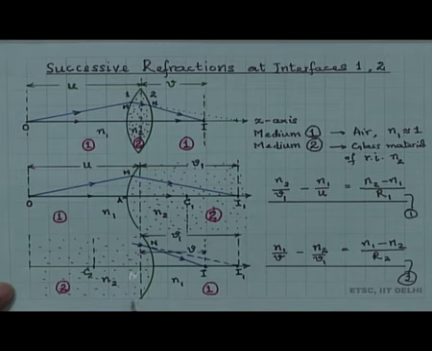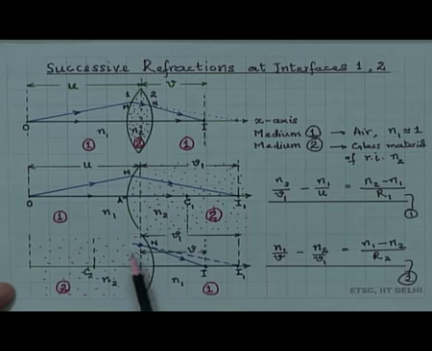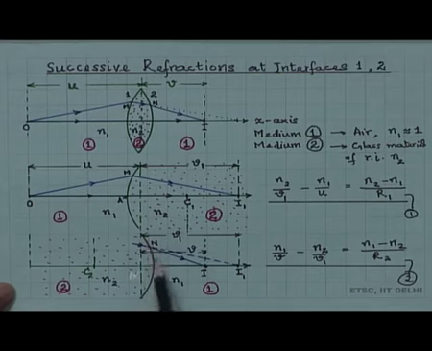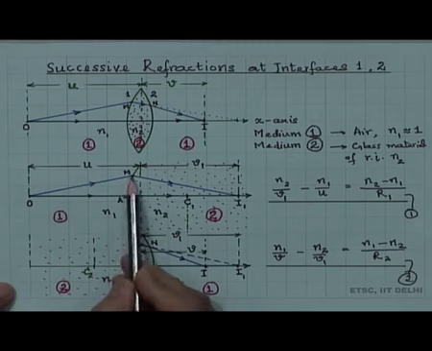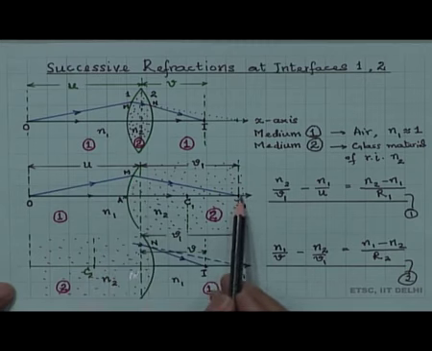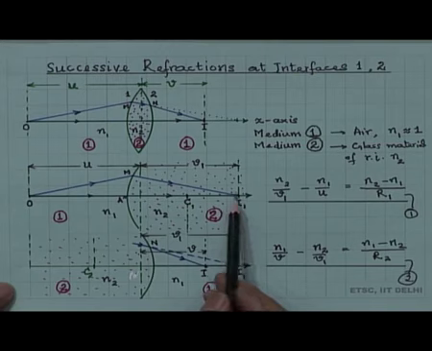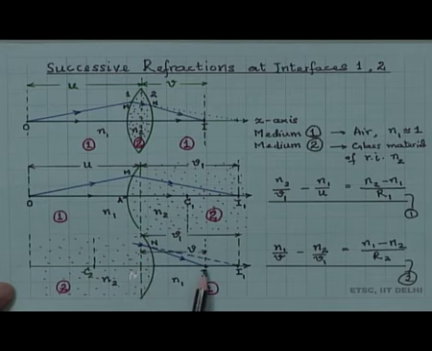In other words, now this is the first medium and this is the second medium, and therefore, we write the same equation for refraction at this interface. If the second interface were not there, the object would have formed an image here I1 at this point, but because of the second refraction at the second interface, the actual image is formed here.